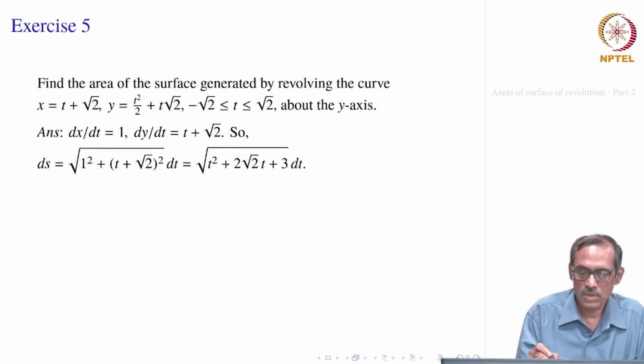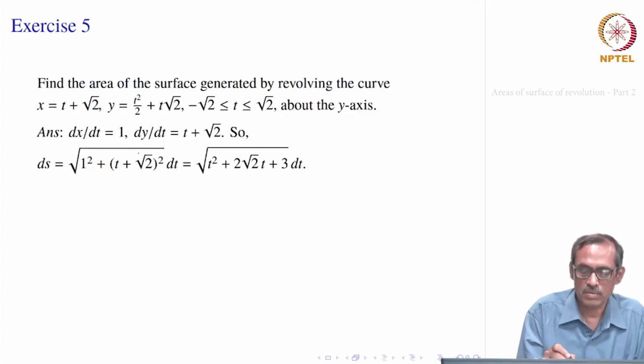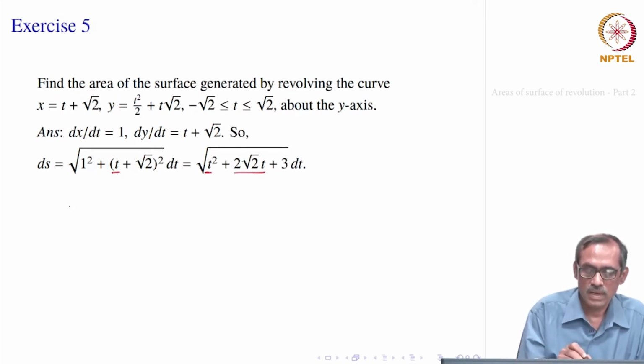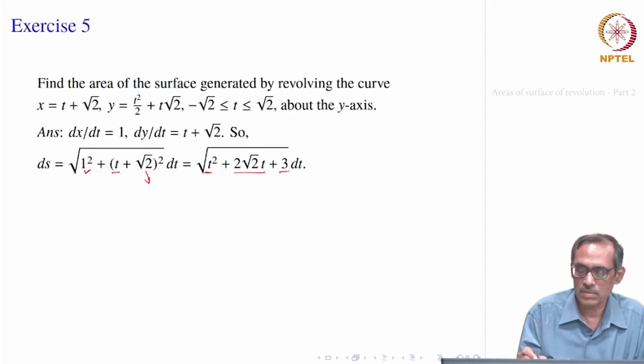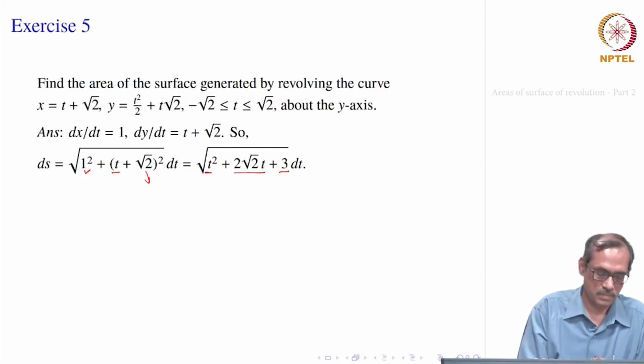So, that gives 1 plus t plus root 2 square. Expanding, this t square is here, and then 2 root 2 t is here, and then we have 1 here, and another 2 comes from here, that comes to 3. So, it is square root of t square plus 2 root 2 t plus 3 times dt.